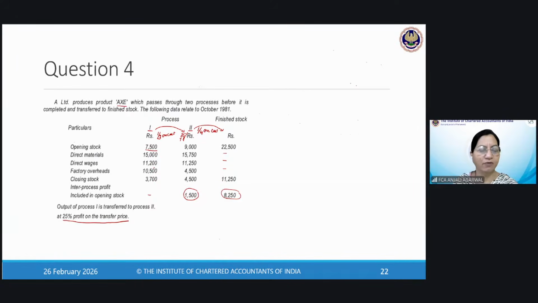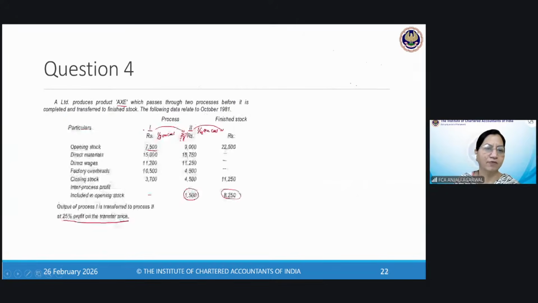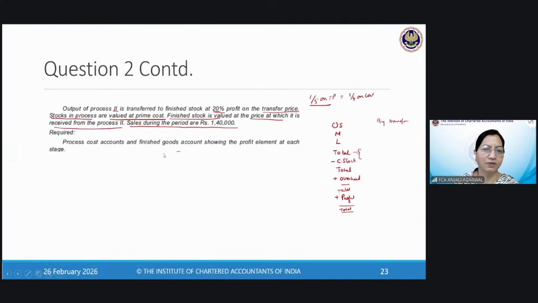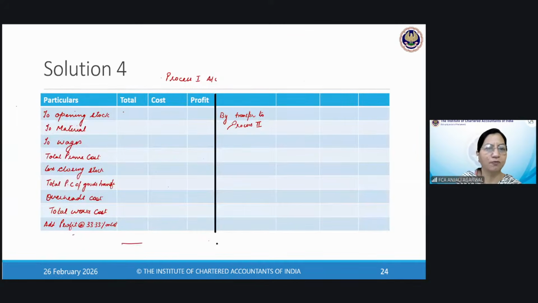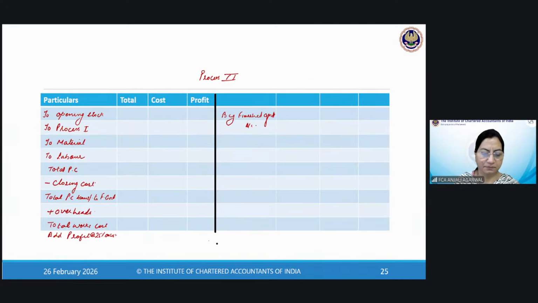Material is 15,000, wages is 11,200, and factory overheads is 10,500. So the first thing was 7,500 of opening stock. What is the cost of opening stock? 7,500. What is the inter-process profit in this? Nil.